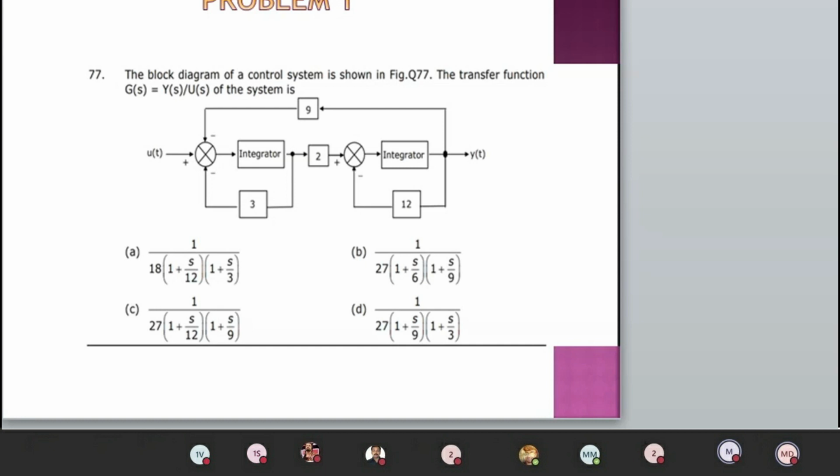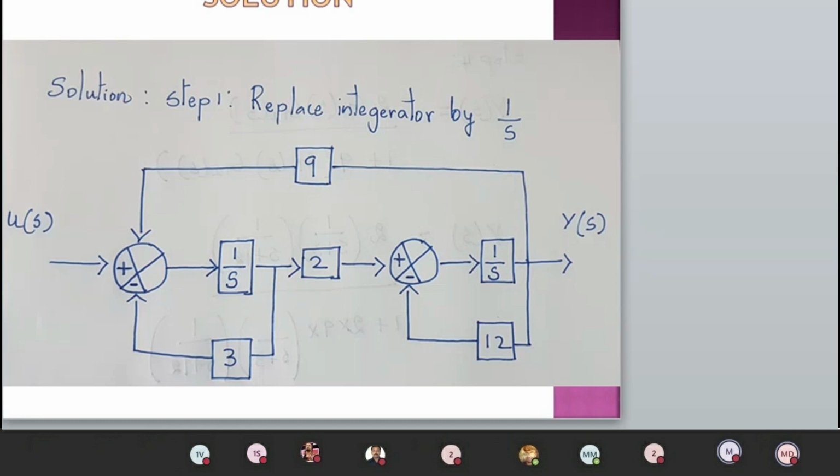The goal of the GATE examination is how fast you understand the concept, execute, and get the result. Now replace integrator by 1 by s. You have 4 choices, and you have to check which choice is correct. Step 1: replace integrator by 1 by s.